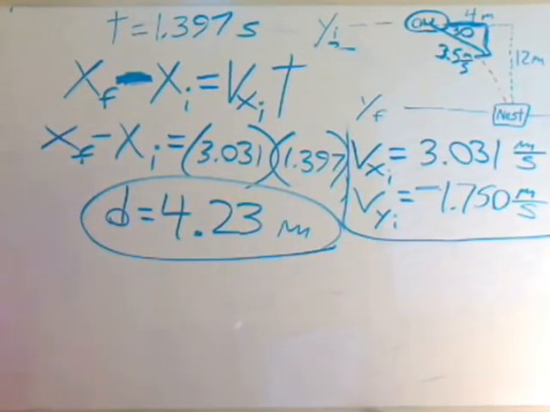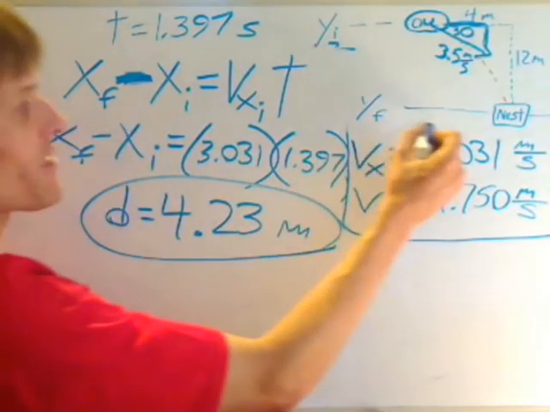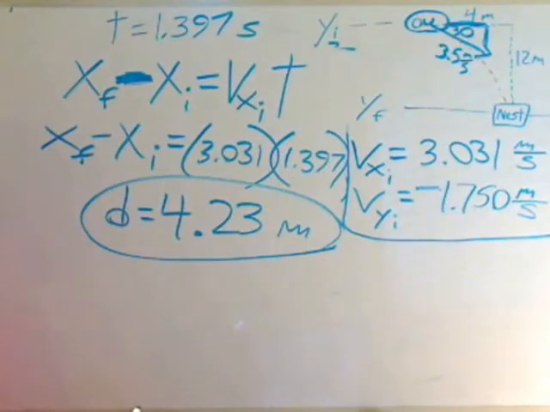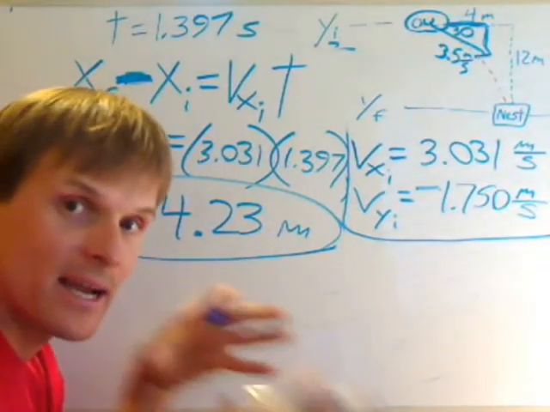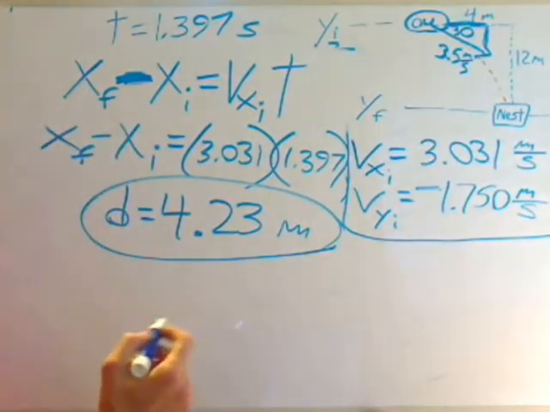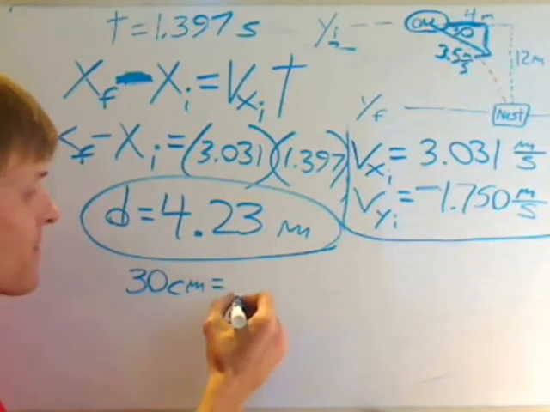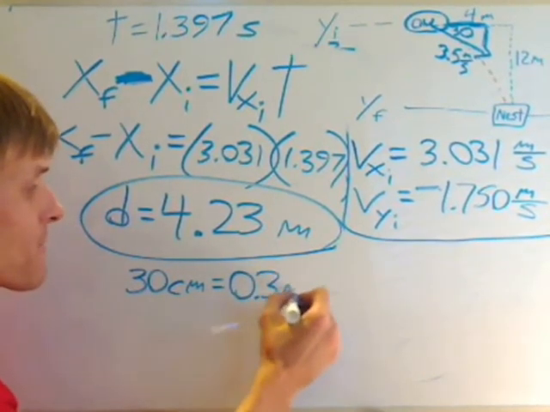So the question then, does that actually make it into the nest? Well, remember our nest is 4 meters away, and it has a diameter of 30 centimeters. So therefore, 30 centimeters is 0.3 meters.